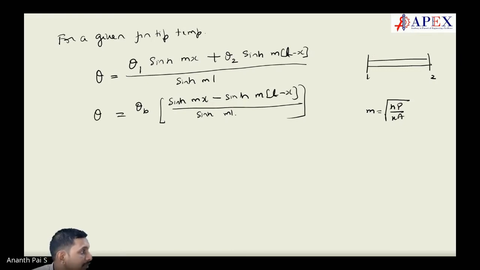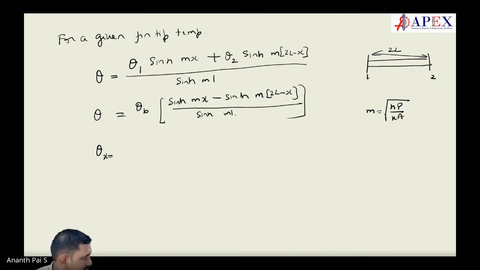This is theta. What is theta at the midpoint? Theta at x is equal to L. This is a longer fin, is it not? Here, theta at x equal to the longer fin length by 2. This is 2L we have used, so instead of L minus x, let us write 2L minus x.